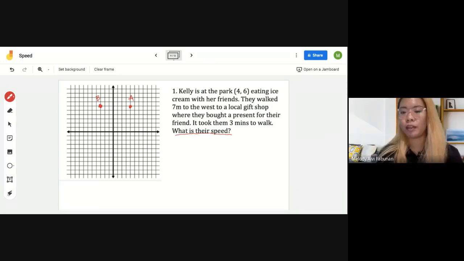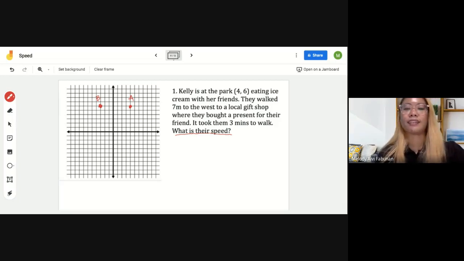Gian na lang. I'm waiting for Gian. Gian, last seconds before I close the chat box. Wala si Gian. Okay, sige.